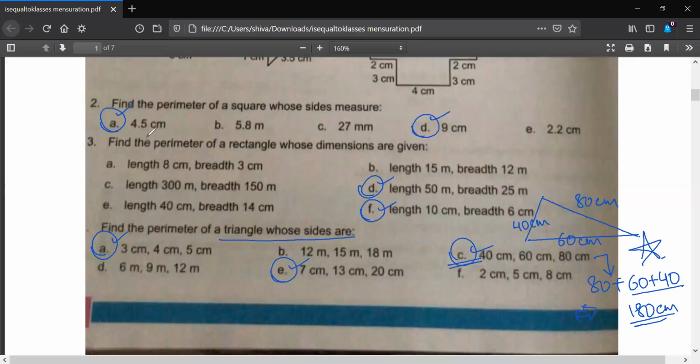What will be the answer for this? 18 centimeters. 4 into 4.5 would be 18 centimeter. What will be the answer for this? 36 centimeters. Shabash.